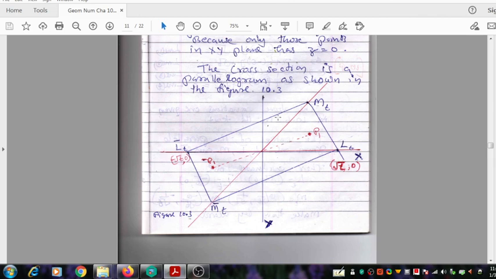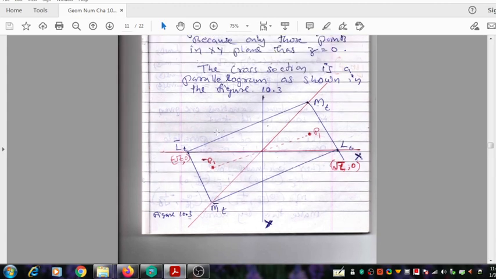According to our discussion, the point P1 must be on this plane, and it can go up to the boundary. Similarly, its geometrically opposite point, minus P1, must be somewhere inside or on the boundary of the prism.